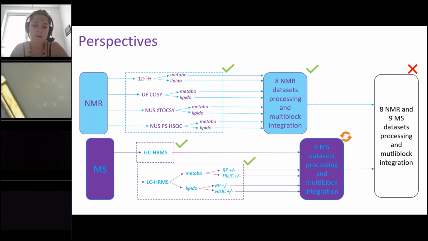So the processing of all those data sets is underway, and obviously the ultimate goal will be to combine everything and to see if those methods are complementary or sometimes redundant, and help us to choose which method we should select once we are starting a new project.